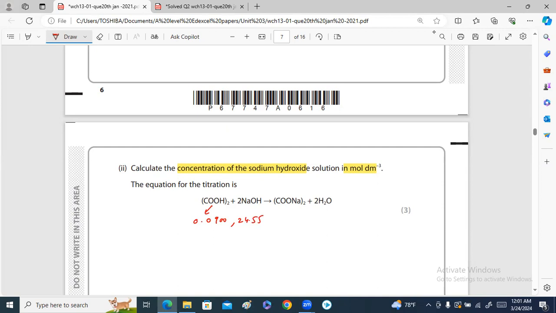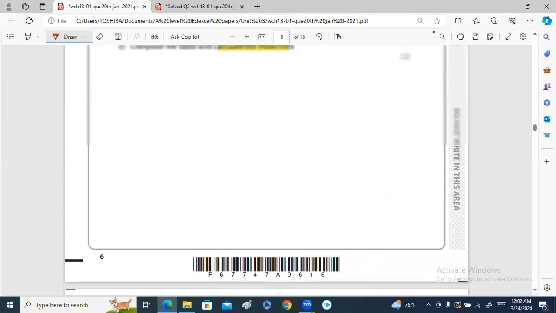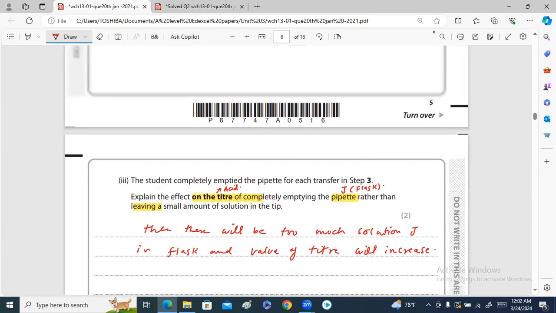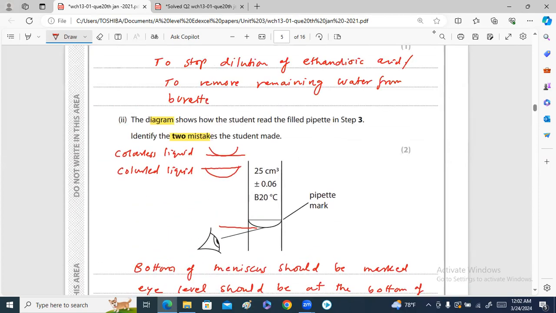The volume of the sodium hydroxide that was taken, 25 centimeter cube. Let's check. Okay, 25 centimeter cube.